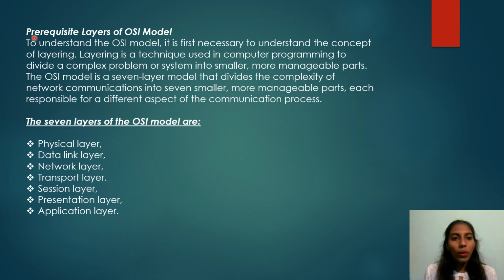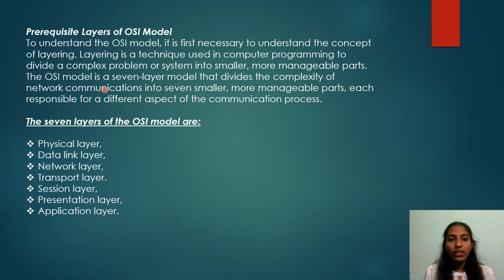So, prerequisite: layers of the OSI model. To understand the OSI model, it is first necessary to understand the concept of layering. Layering is a technique used in computer programming to divide a complex problem or system into smaller, more manageable parts.